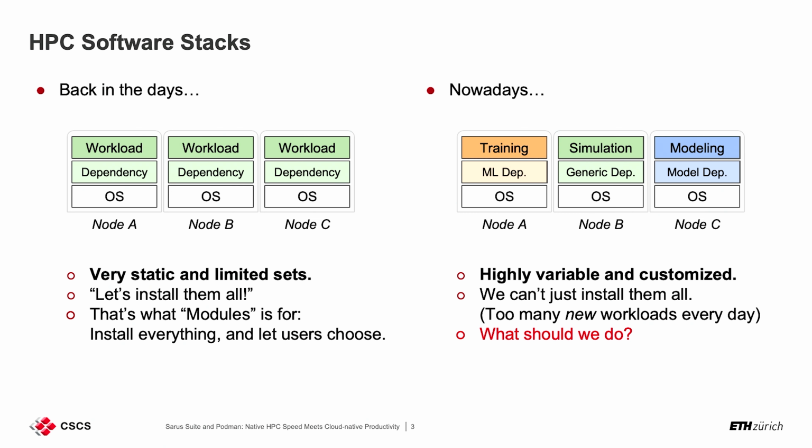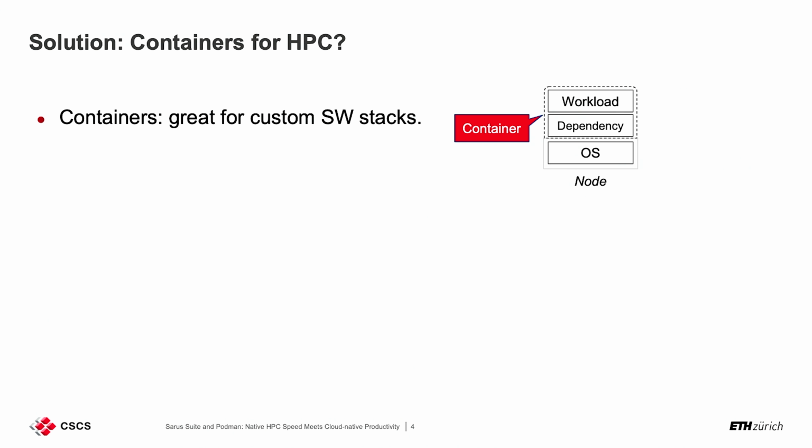If we try that, we install them one day, and the next day we wake up and get a ticket from a user that says, hey, can you install this software stack? So it's not the solution. We just wondered, what is the solution in this situation?